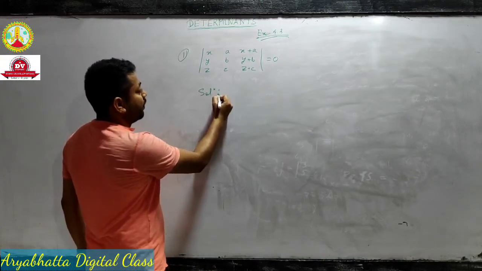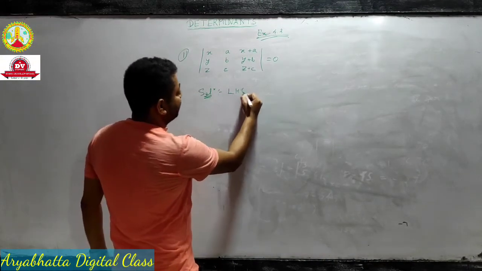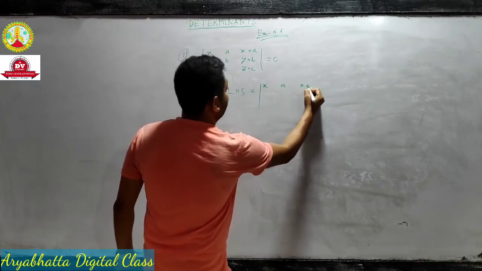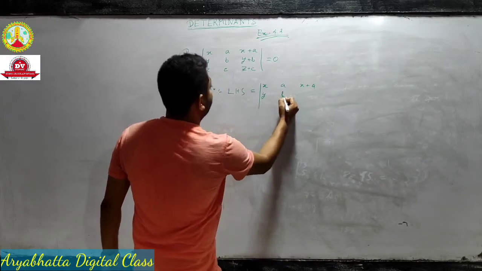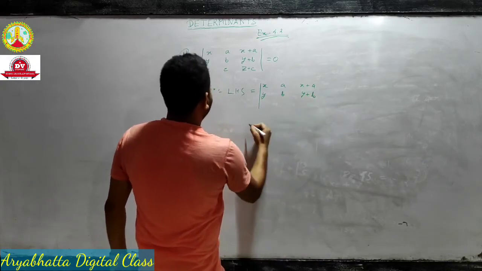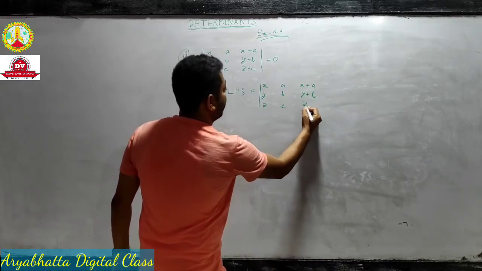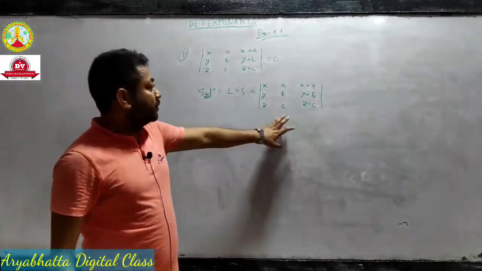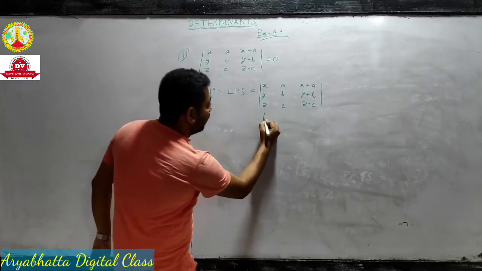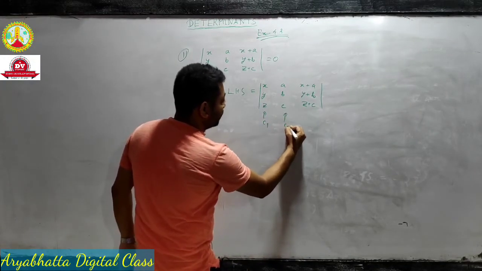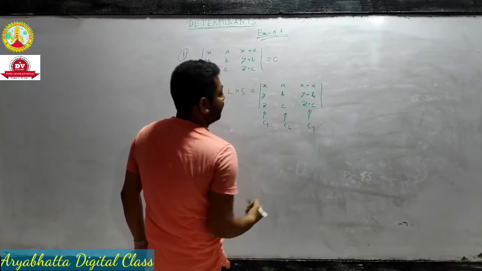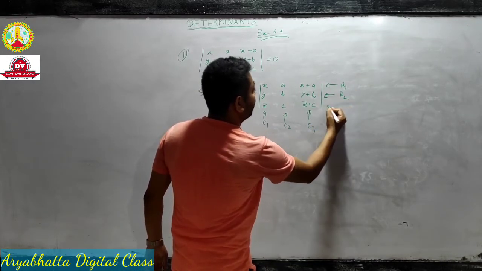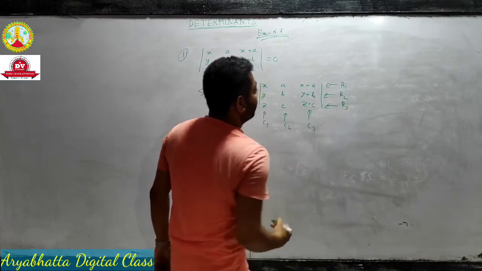Solution. Left hand side is equal to the determinant with rows x, a, x plus a; y, b, y plus b; z, c, z plus c. This is called the first column C1, this is the second column C2, this is the third column C3, and the rows are R1, R2, R3.